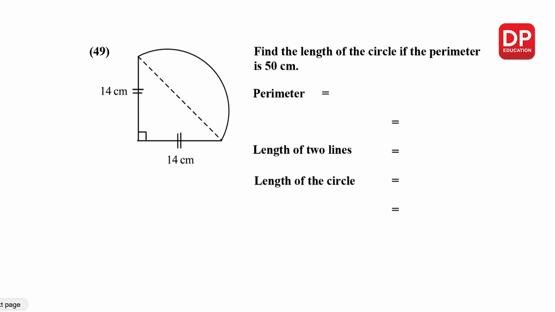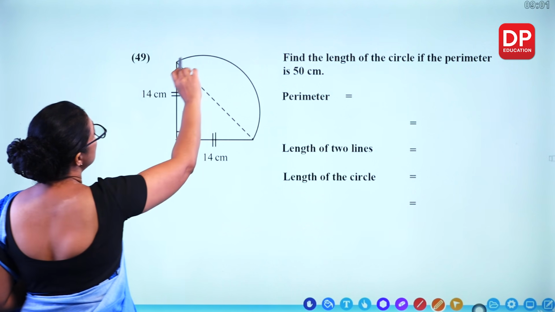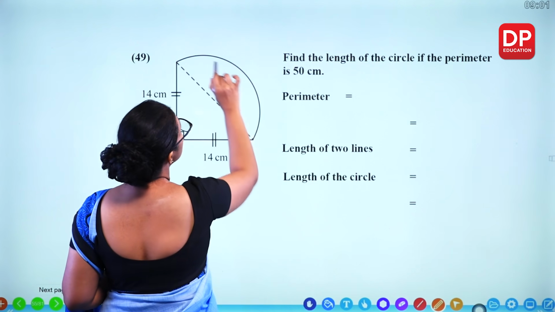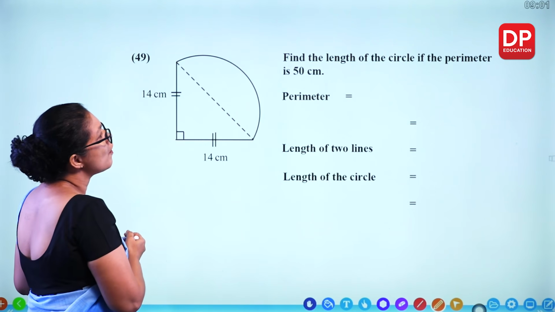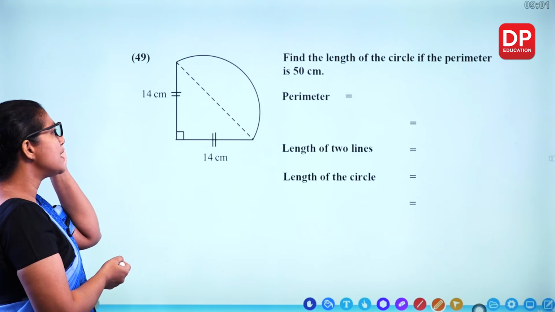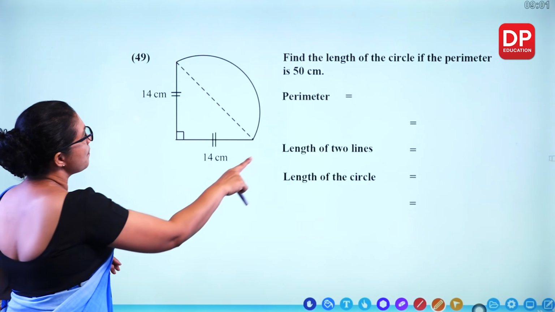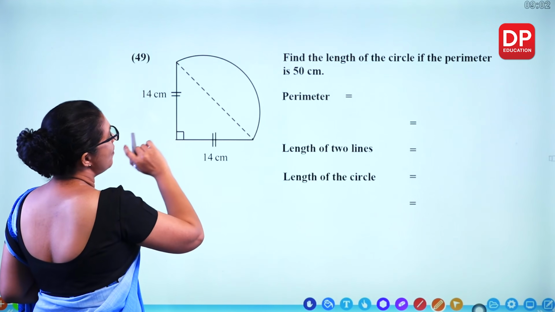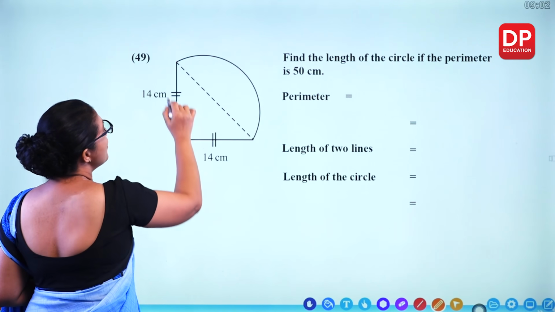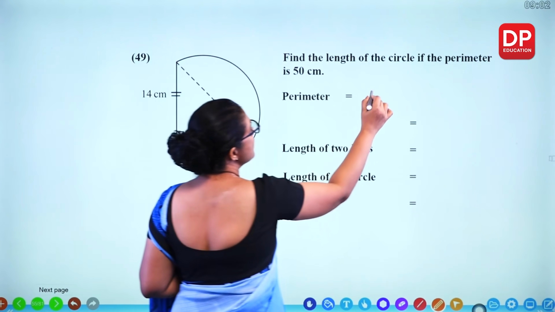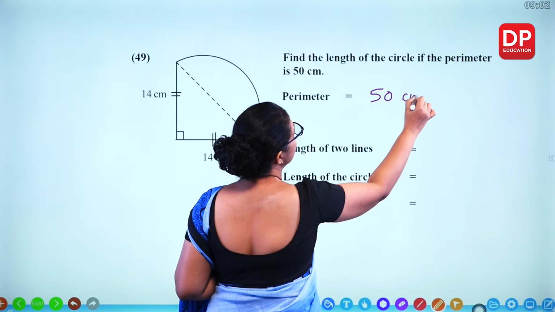Look at this one. Now you get a circle part as well. Find the length of the circle if the perimeter is 50. Now, we know that perimeter is 50 centimeters given.